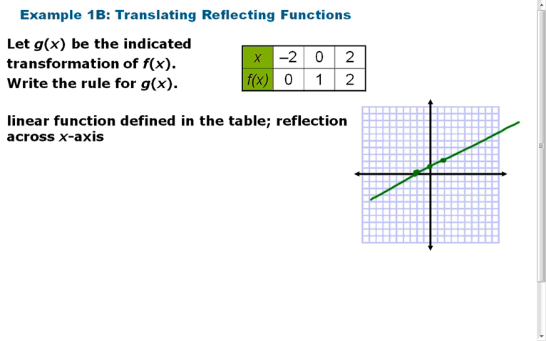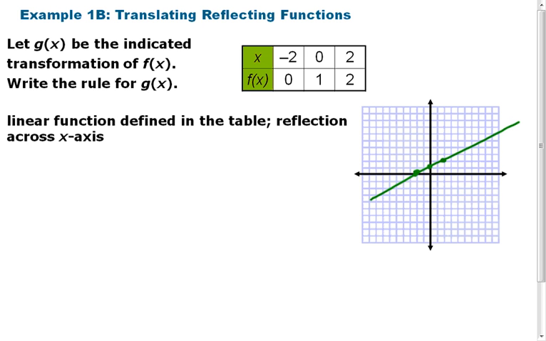We connect those points, that's the line. Now it says write the rule for g of x once we do this particular thing. This was a linear function, that's how we knew we could draw a line through that. It says a reflection across the x-axis.